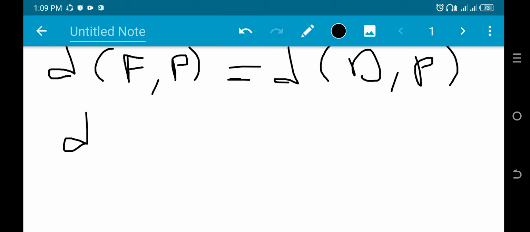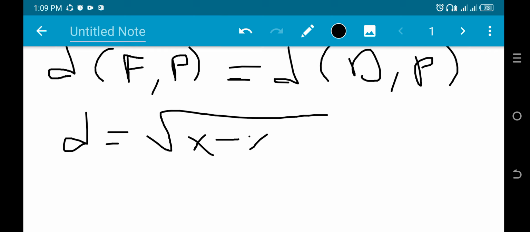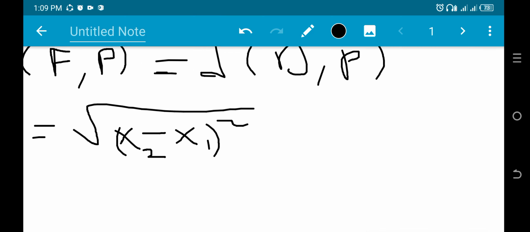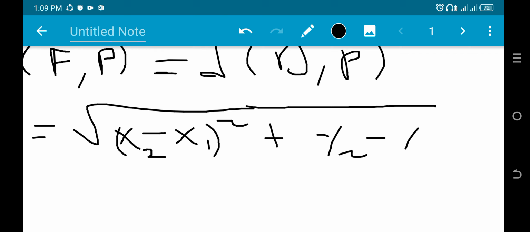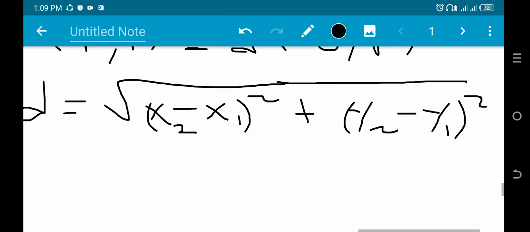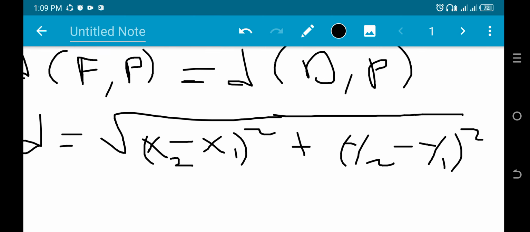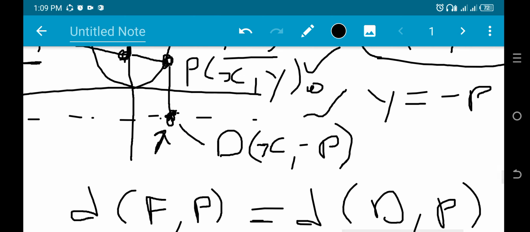Remember, D was set equal to the square root of (x2 minus x1) squared plus (y2 minus y1) squared. This was our distance formula. So we are going to apply it to both sides using the coordinates which we have there.